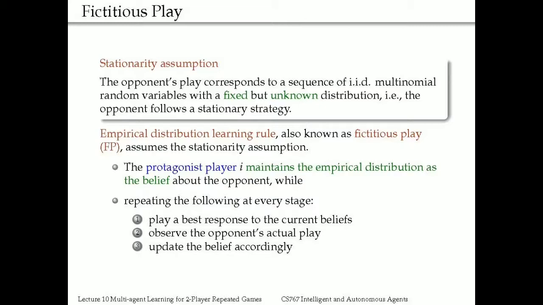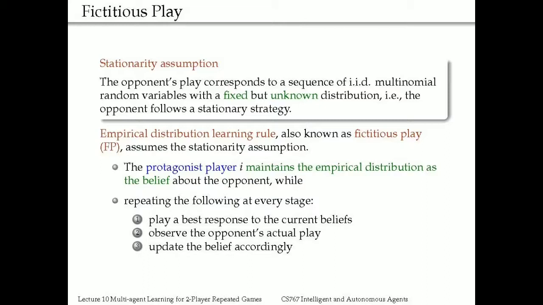So we have the protagonist player I. That's the person who is learning about the opponent, and we assume that the opponent is just playing according to some fixed stationary strategy. Then the protagonist player will maintain the empirical distribution as a sort of belief or estimate about the opponent, and will follow the following procedures.